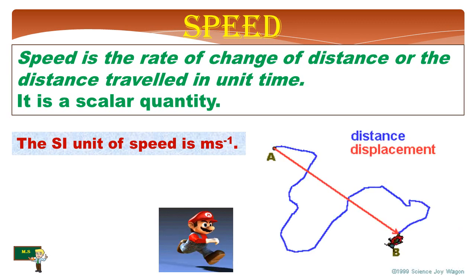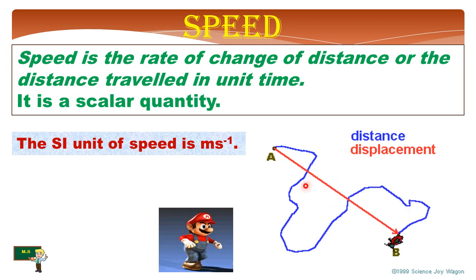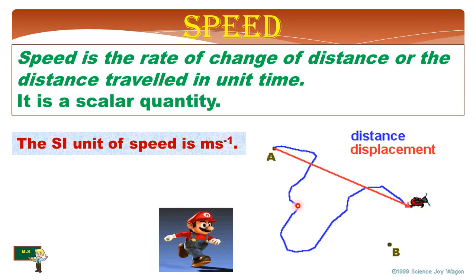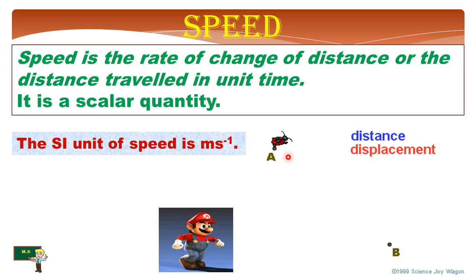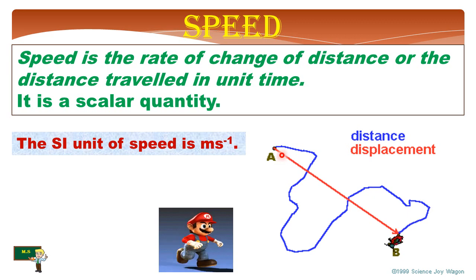See, in this picture you can find the difference between the distance and the displacement with respect to the speed. The travel starts from point A and ends at B. It does not have a straight path to travel from A to B. So the displacement is from A to B, which may be 1 or 2 meters, but the distance is very large.